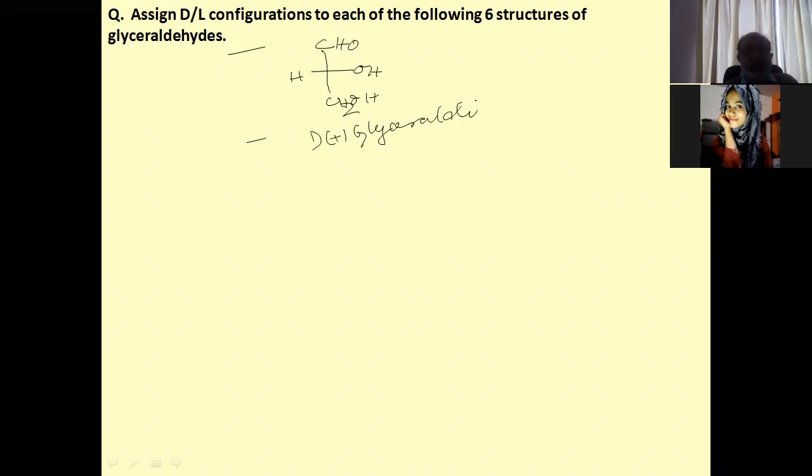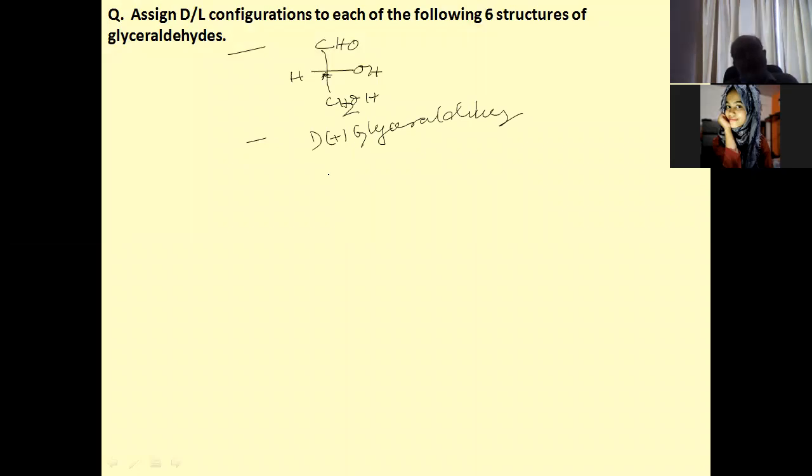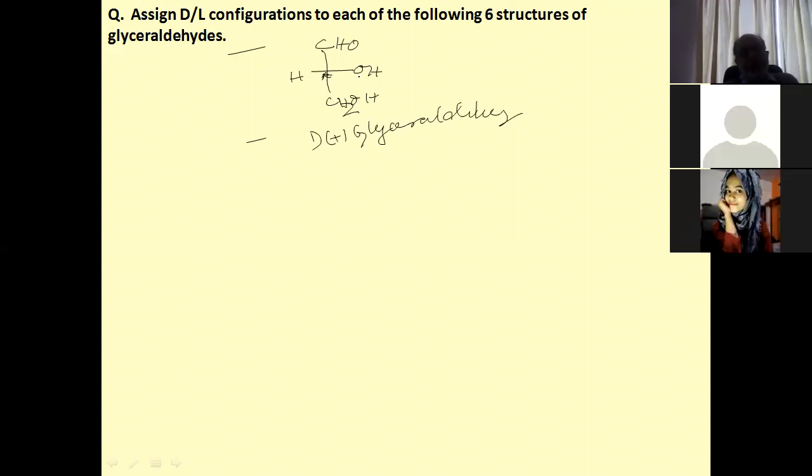Now tell me, what is the configuration of this center as R and S? It is R or S? R. Let us see.